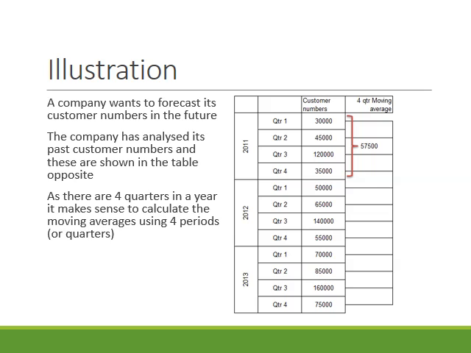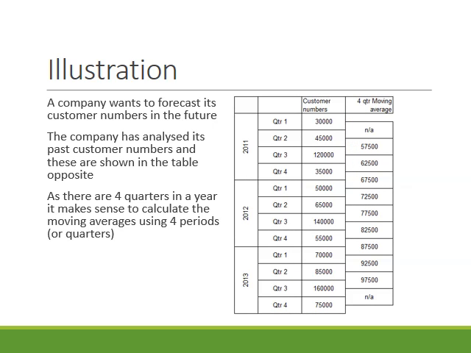So we can calculate those as we have done before. But what you'll notice is that the 4-quarter moving average that we've calculated doesn't line up exactly with a particular quarter. It's in the middle. It's positioned in the middle of quarters 2 and 3. And this is something of a problem.